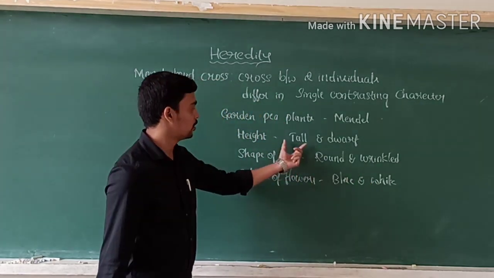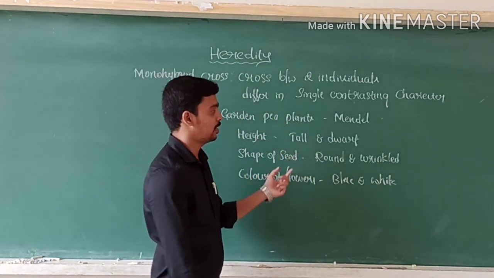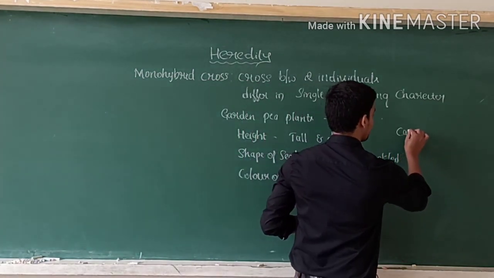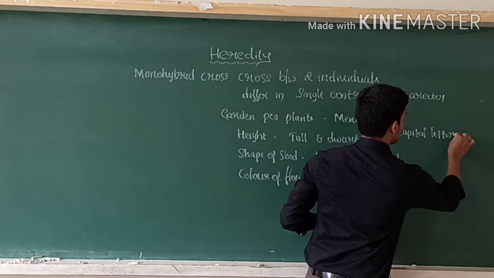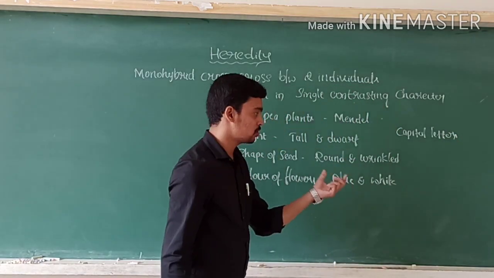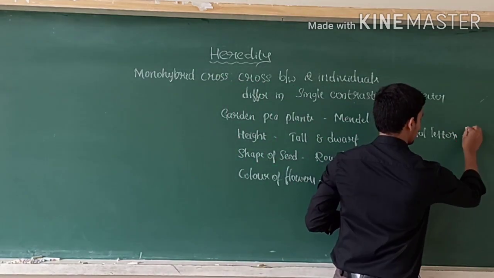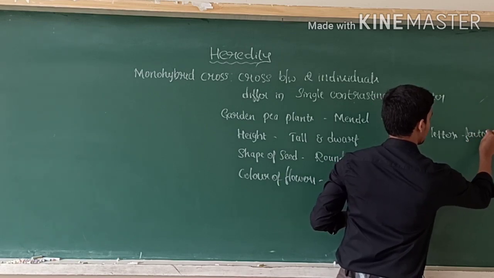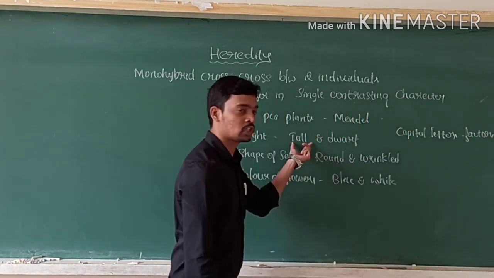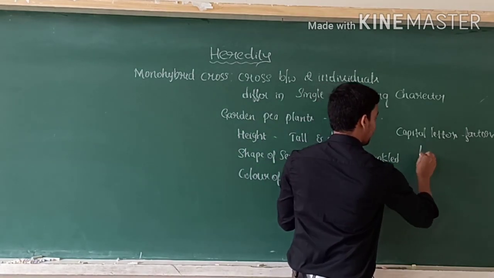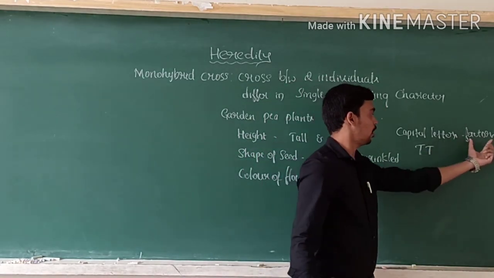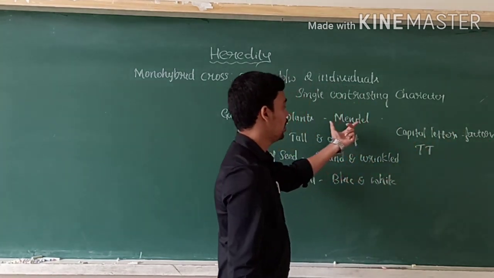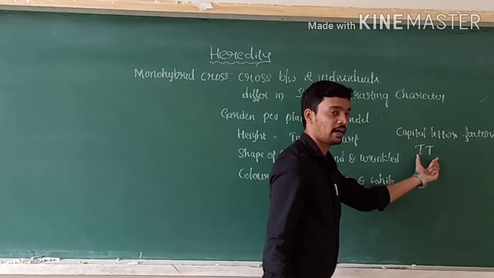As you all know, the dominant character is always represented by capital letters, and these letters are called factors. Here the tall character is represented by capital T and capital T, two letters, and these two letters are called factors by Mendel.